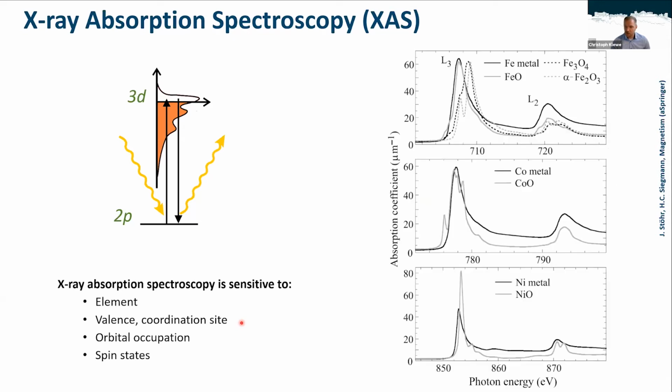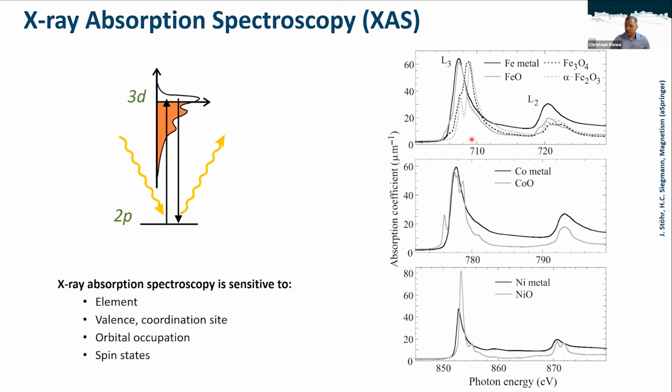This can be seen particularly well if we take a look at the absorption spectra of different compounds for different elements. So here on the right-hand side, we see the L2 and L3 absorption spectra of iron, cobalt, and nickel. If we take a closer look at these spectra, we can directly see that for the different elements, we can easily distinguish the different elements by just looking at the energies.